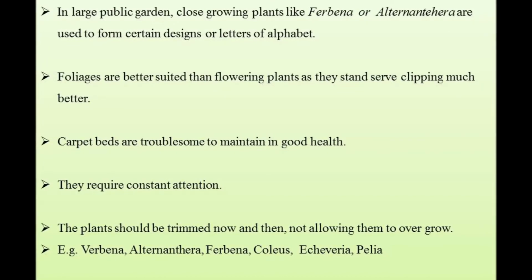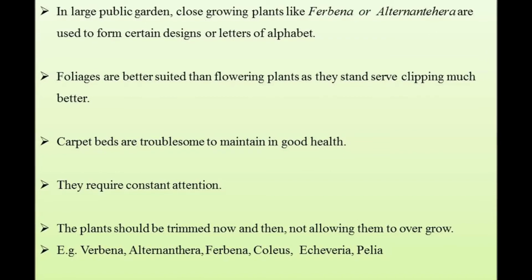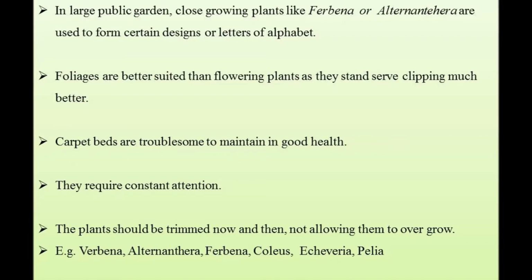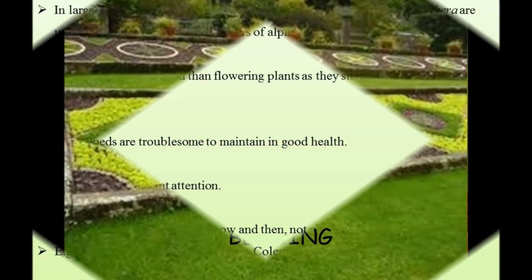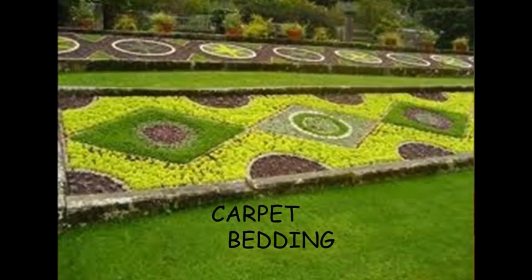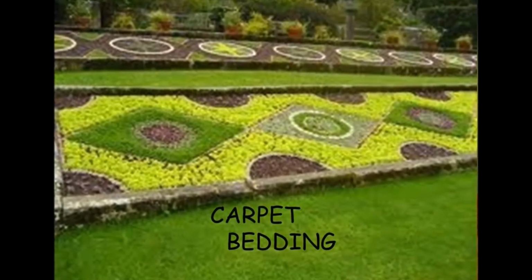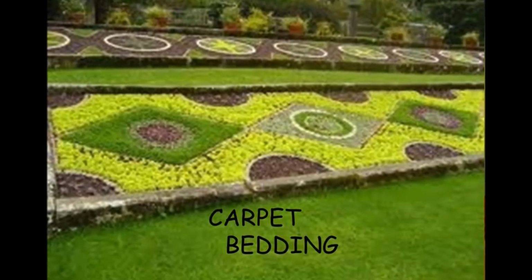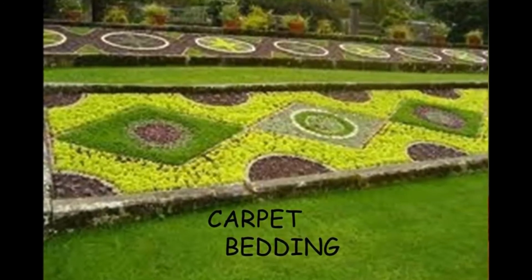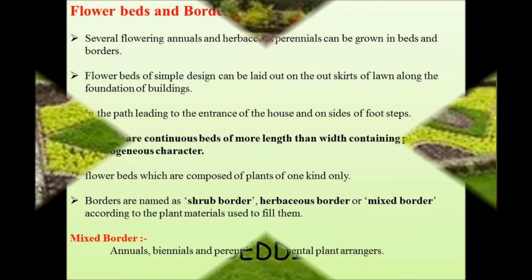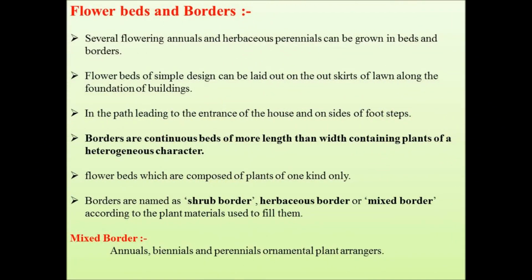Otherwise, it disturbs the design, or the specific shape or form of the letters or alphabets. For example, some suitable species are verbena, alternanthera, coleus, and pilea. Such plants are suitable for making carpet beds in a landscape.